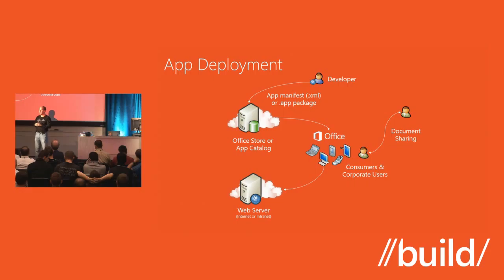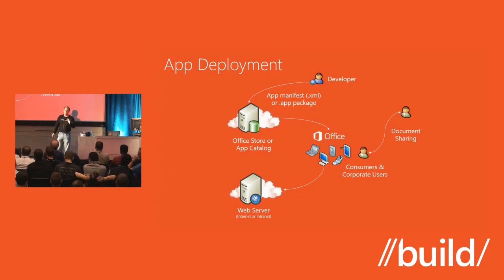And by default, all Office clients are enabled and configured to the public Office store. And within your organization, you can do a configuration for other private catalogs. And the other thing is the web server, right? So we talked about the web server is the place where you will host all the HTML and JavaScript and server-side logic for your app. And that's effectively the end-to-end. And once you do that, consumers and corporate users will get it.